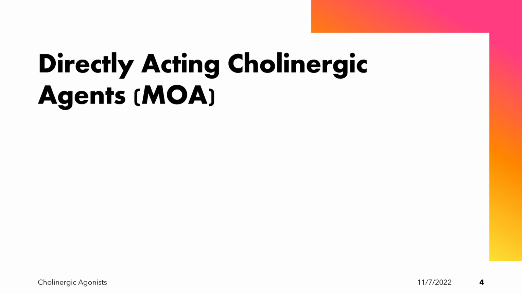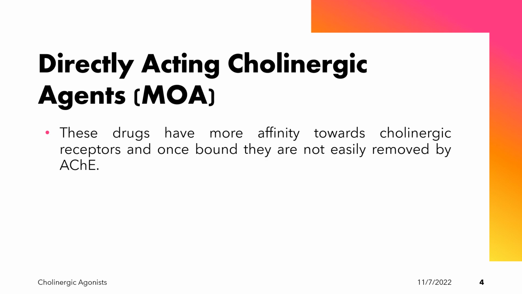For the direct-acting cholinergic agents or agonists, they have more affinity towards cholinergic receptors, and once bound, they are not easily removed by the enzyme acetylcholinesterase. So unlike acetylcholine, most of the direct-acting cholinergic agonists are more resistant to degradation by this enzyme because of structure-activity relationship.